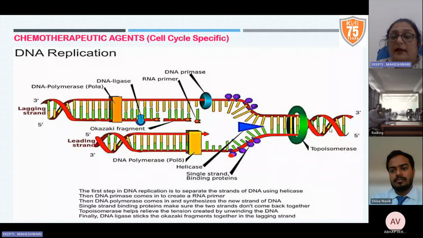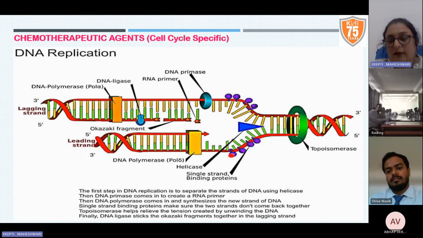But when DNA replication has to take place, these two DNA strands have to unwind themselves. What do you mean by unwinding? That means there has to be uncoiling. So when they uncoil, two separate strands of DNA will be formed, but they have to duplicate.